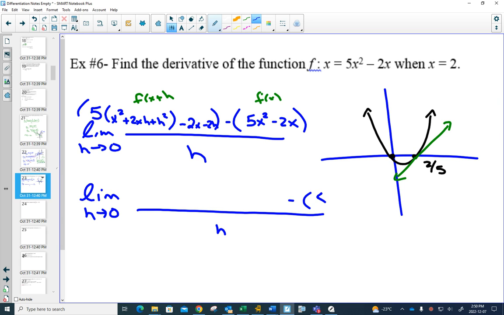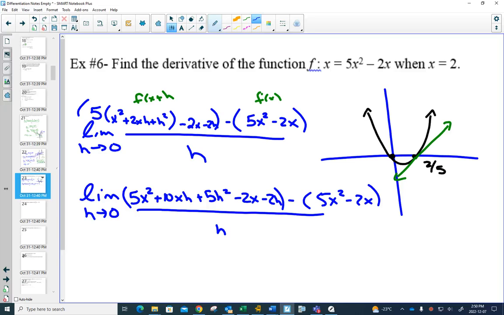I'm going to take an extra time just to distribute the 5. So can you see that I would have 5x squared plus 10xh plus 5h squared minus 2x minus 2h once that is all multiplied out.